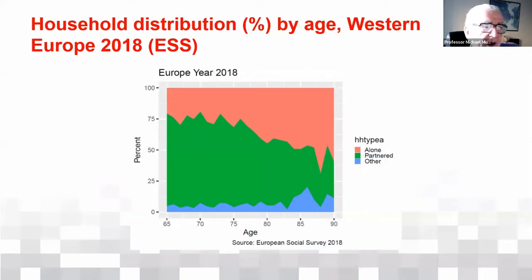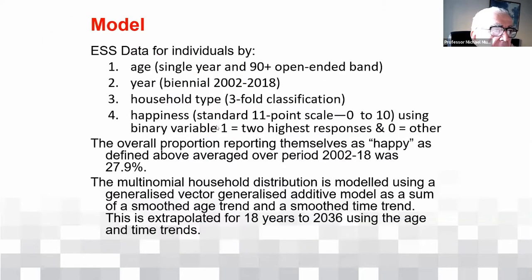And if we look at that in terms of percentages, we see the decline in those partnered and the increase in those living alone as age increases. We've got our data here. The overall proportion reported as happy was about 28% of the sample.